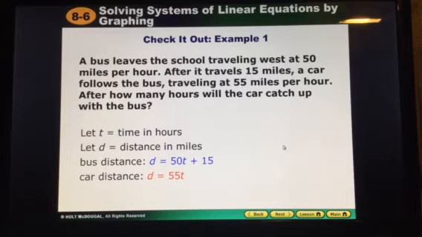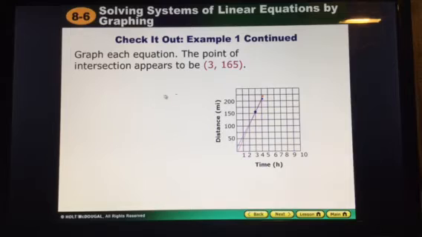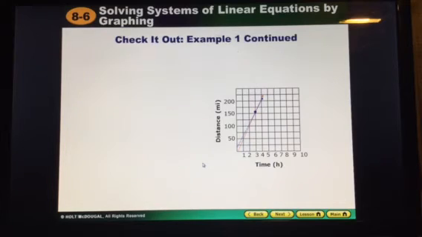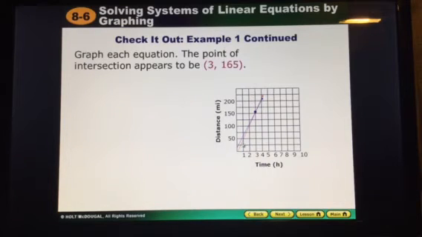All right, so if we look at the next slide, if we graph each equation, I'm going to go back for just a second. Okay, so the blue one is D equals 50t plus 15. So the blue line here, if we're at 50t plus 15, that means it's going to intersect the y-axis at 15.